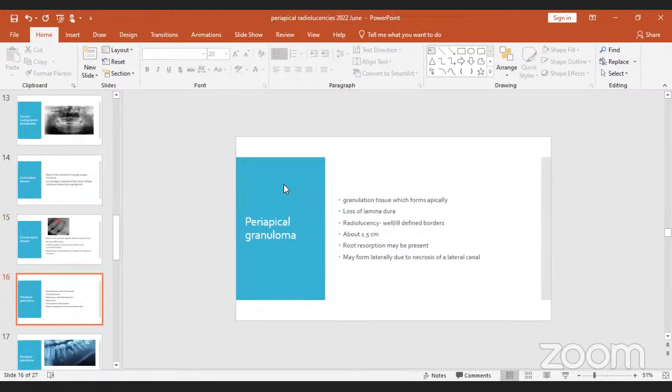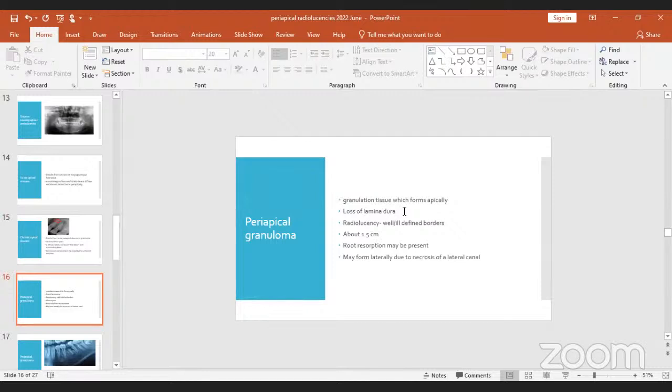Okay, so over time, those periapical infections proceed and form a periapical granuloma. This is just granulation tissue which forms apically, trying to protect the rest of the tissues from this irritation that is coming from the pulp. There are times when you actually find this granuloma.